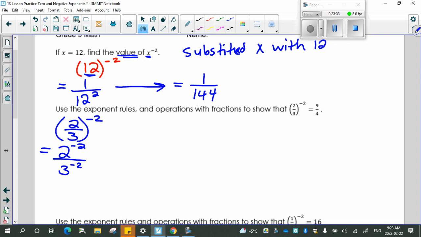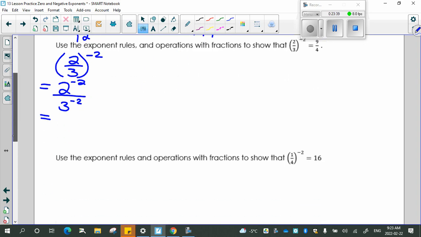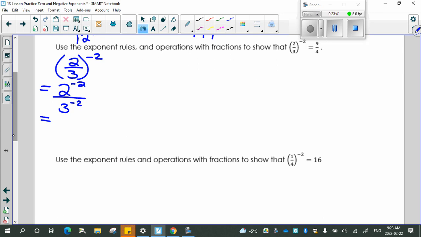Okay? Now it's going to start to look complicated, but we have done stuff like this. So what do we know about 2 to the negative 2? Well, it means 1 over 2 to the positive 2. So we're going to make a 4-layer fraction here. So this 2 to the negative 2 means 1 over 2 to the positive 2. And 3 to the negative 2 means 1 over 3 to the positive 2.